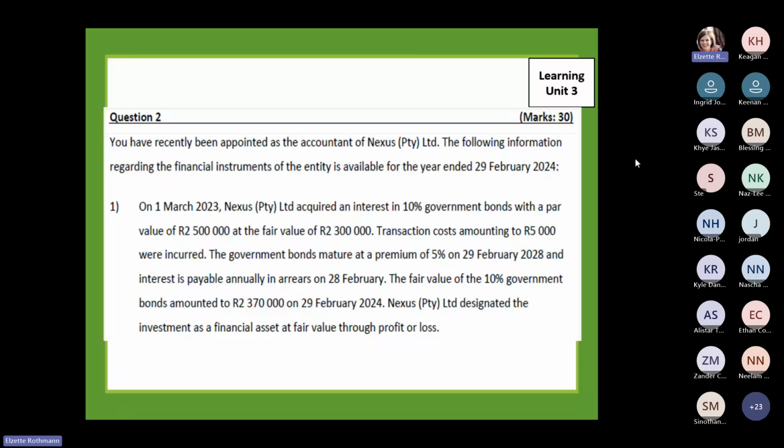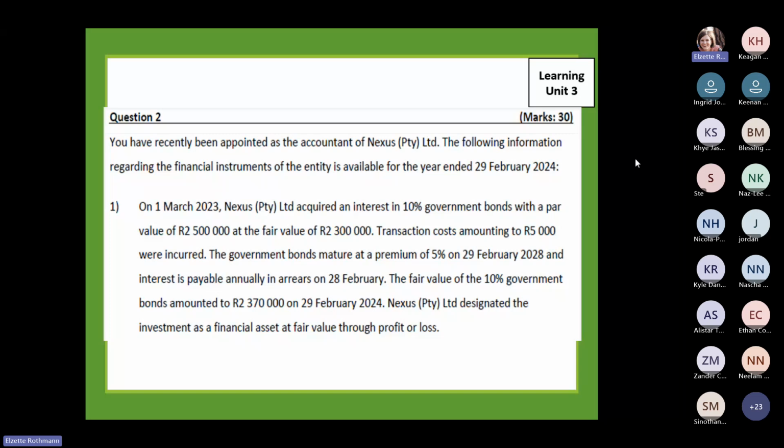Then they tell us transaction costs amounting to 5,000 Rand were incurred. The government bonds mature at a premium of 5% on the 29th of Feb 2028, and interest is payable annually in arrears on 28 Feb. The fair value of the 10% government bonds amounted to 2,370,000 on the 29th of Feb 2024, and Nexus Pty Limited designated the investment as a financial asset at fair value through profit or loss.